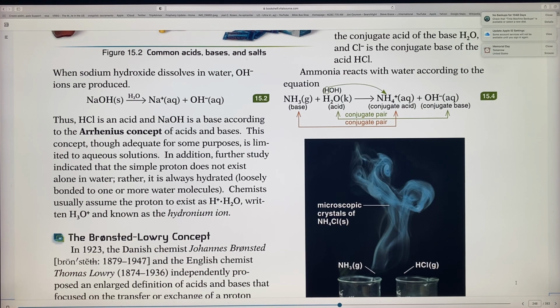So chemists usually assume the proton to exist as hydrogen written as H3O positive. See this here? H3O positive. And this ion is called the hydronium ion.